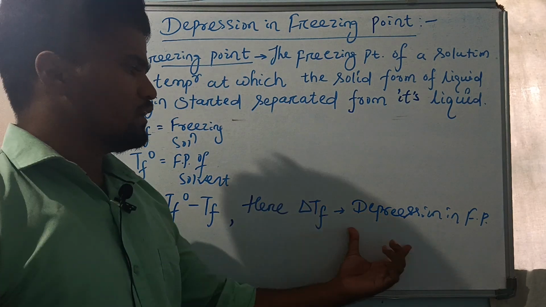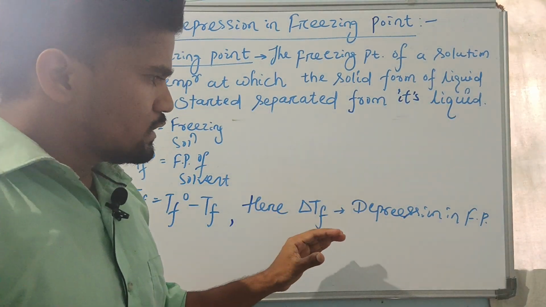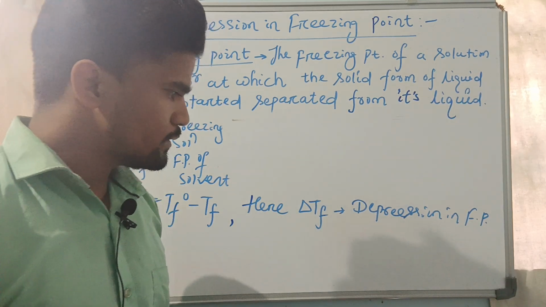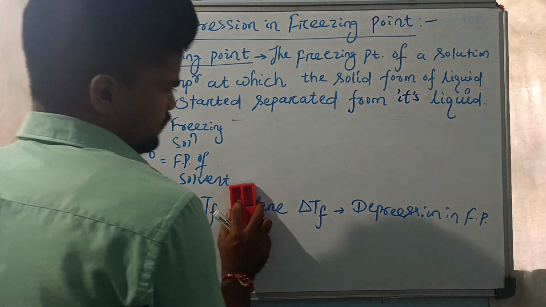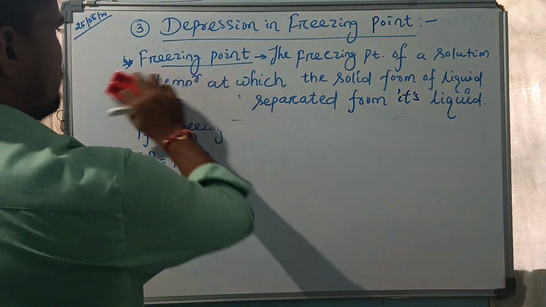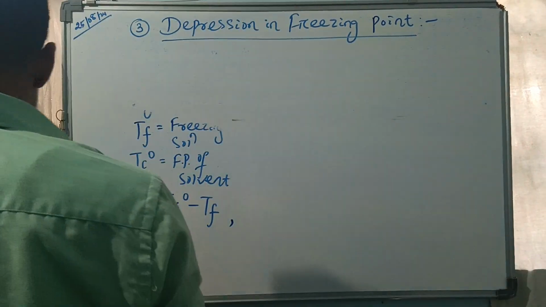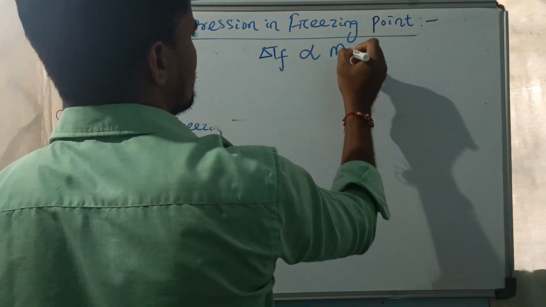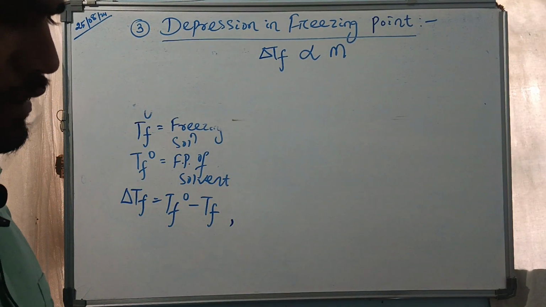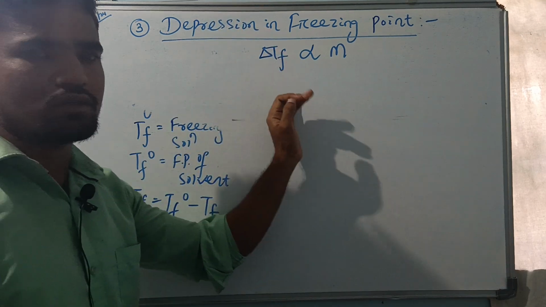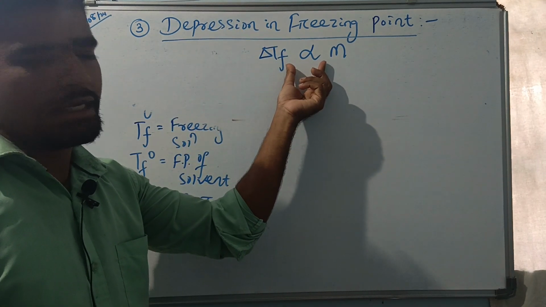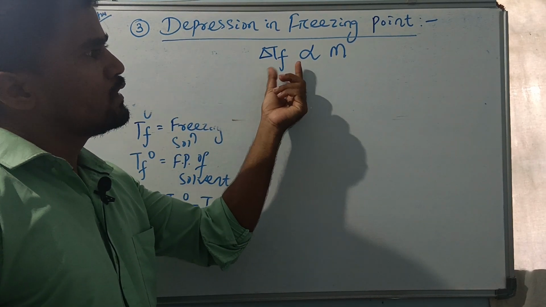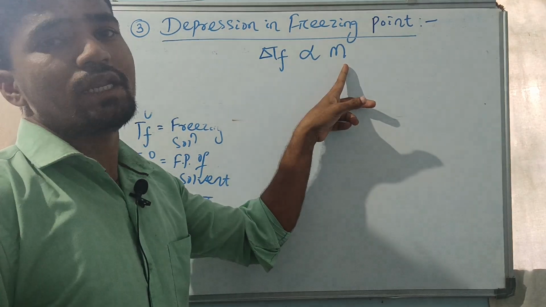So the depression in freezing point, we know, is directly proportional to the molality. So Delta Tf is proportional to molality, with the molal depression constant after removing the proportionality. Right? So Delta Tf, the depression in freezing point, is directly proportional to what? Molality.